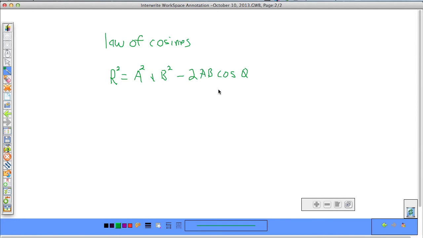So the angle between a and b, and you take the cosine of that. So this is the law of cosines, and this is for angles other than 90 degrees.